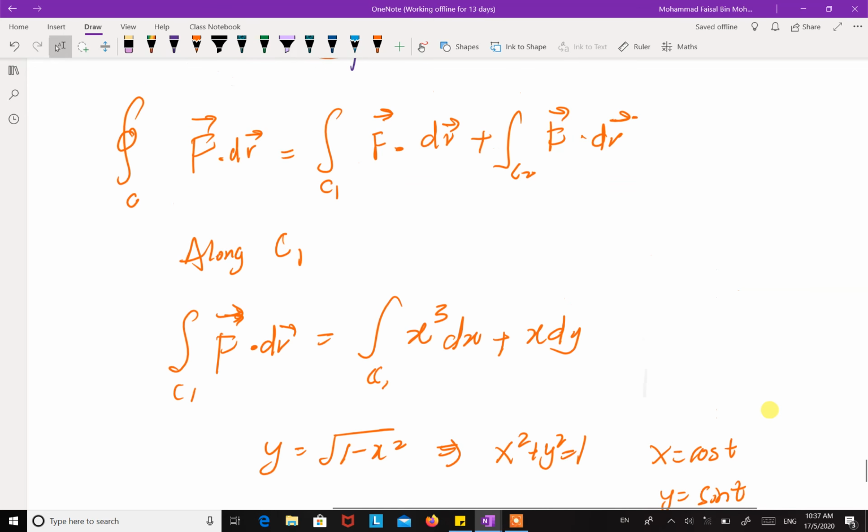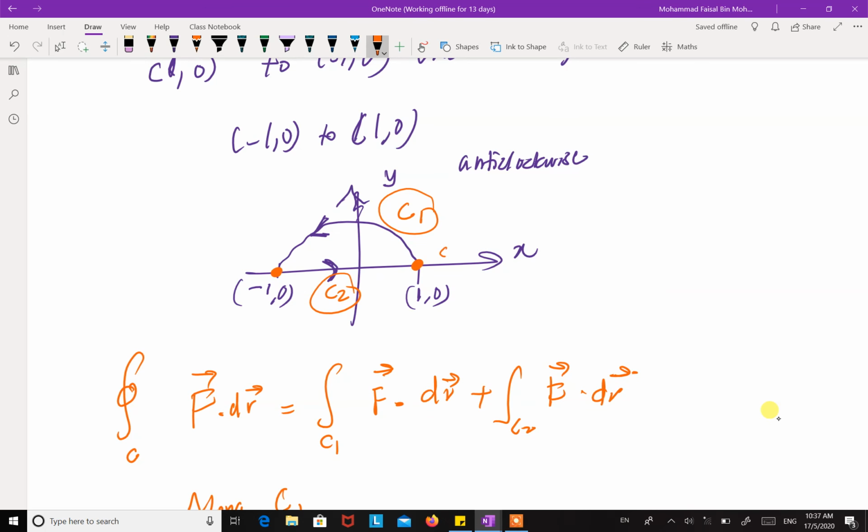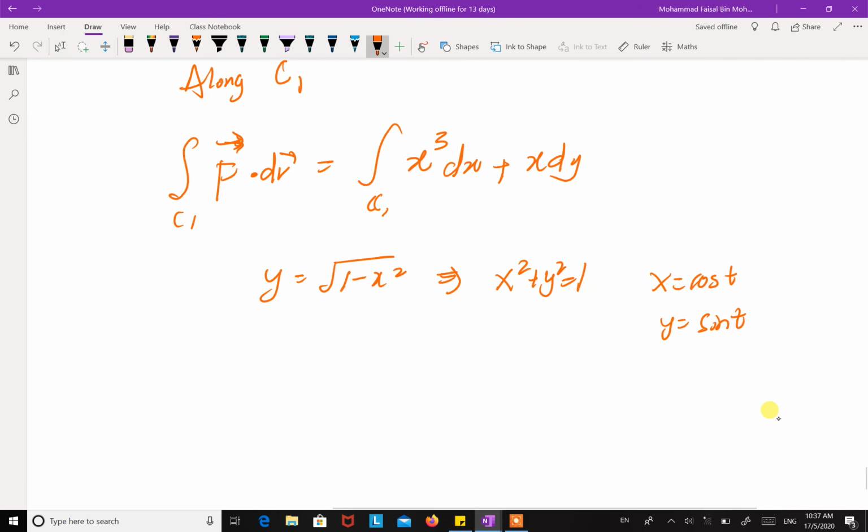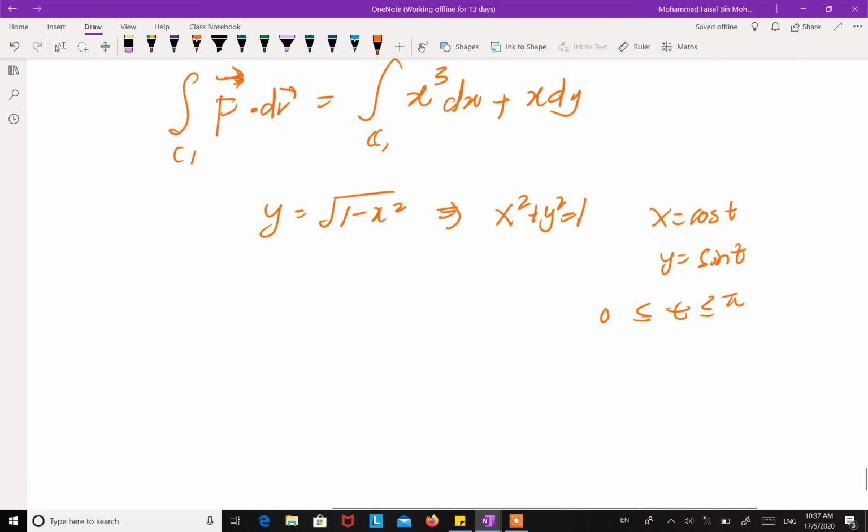For sure this is anti-clockwise, this is 0, and this is pi, so your t will be from 0 to pi. This is just common sense. So dx will be negative sin t, and dy will be cos t. Actually you have to put dt here.